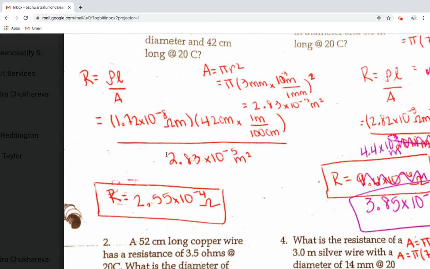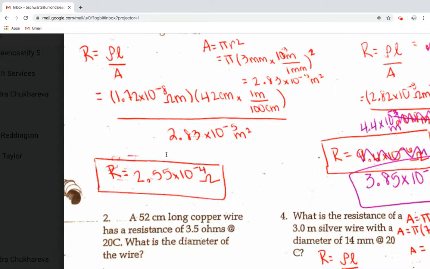To reiterate, your area on the bottom, the 2.83 times 10 to the negative 5, meters squared is your unit. The square does not apply to the number, so please, please, please be careful. Your final answer, if you did this correctly, 2.55 times 10 to the negative 4 ohms.